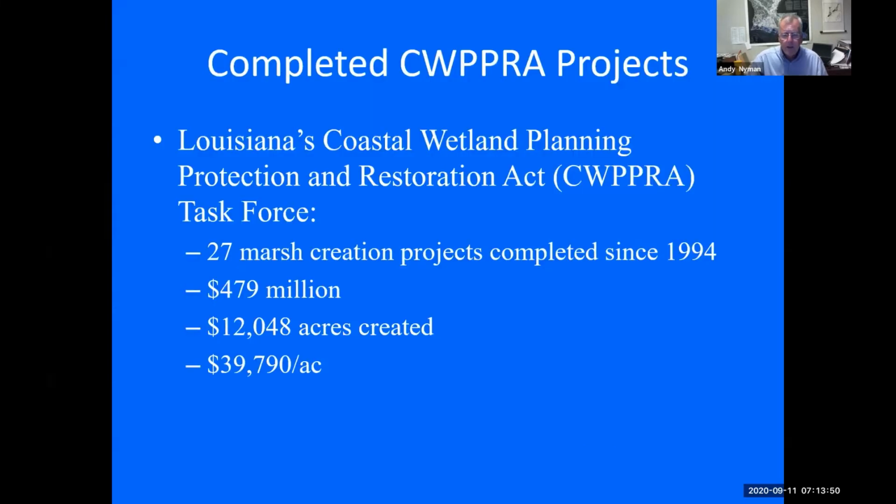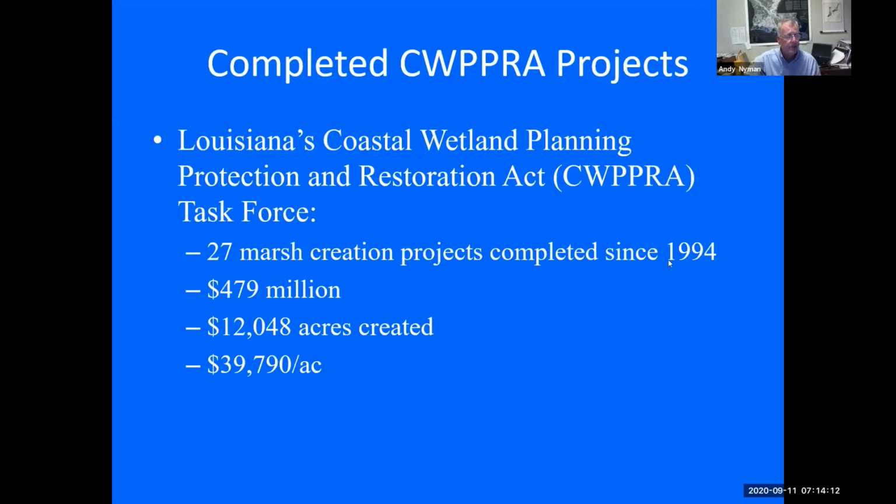And there's a lot of these constructed wetlands on our landscape, and not just here in Louisiana, but the example I'm going to show you to try to make you see how important they are is just with this program here, the Coastal Wetland Planning and Protection and Restoration Act Task Force. They've been around since 1993 building wetland restoration projects in Louisiana.